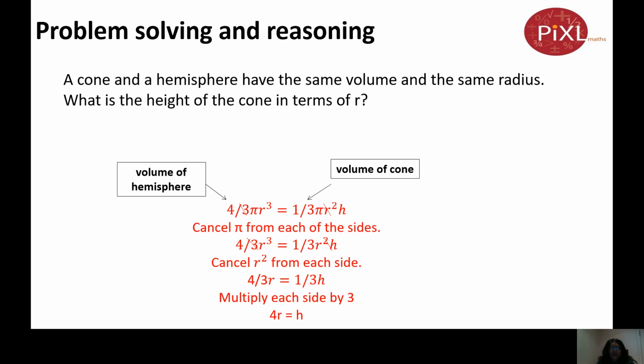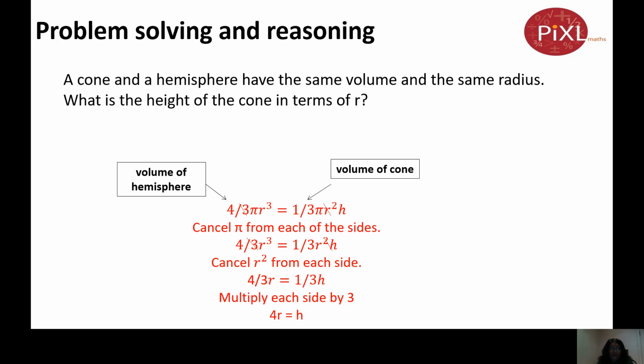Finding a variable in terms of another means we have to write h equals something to do with r. So we said the volume is the same and the radius is the same, so the formulas must be equal.